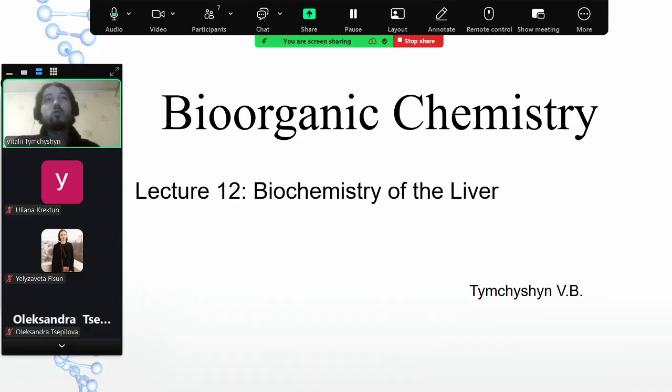They are called cytochromes P450 or CYP450, but they often come with numbers. For example, CYP1A2 metabolizes caffeine. So if you drink a lot of caffeine, that's the cytochrome that tries to get rid of it from your organism.